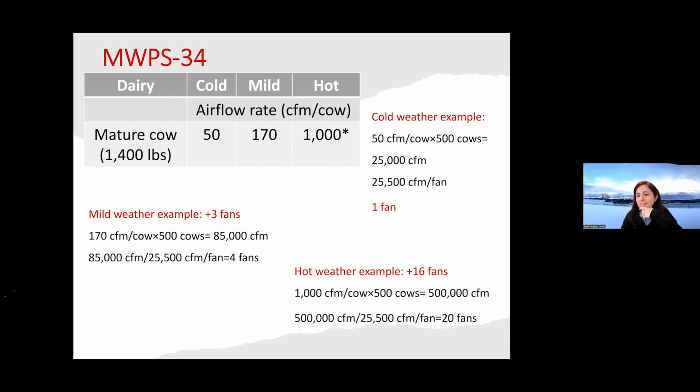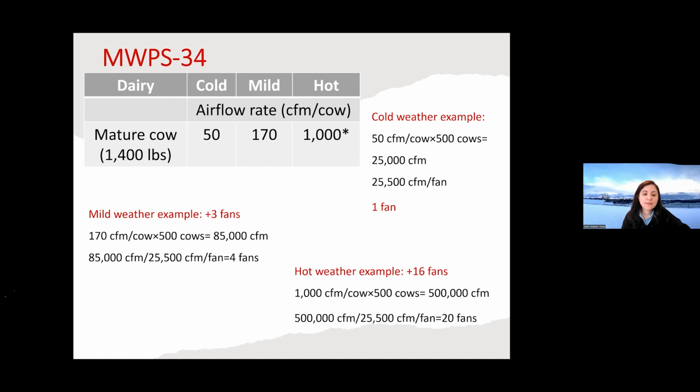This 1,000 CFM per cow in hot weather is an assumption to achieve 40, 60 air exchanges per hour. So let's use 1,000 for our example. For cold weather, 50 CFM per cow, let's assume 500 cows inside. If we have only one fan, we will be able to achieve that cold weather ventilation.